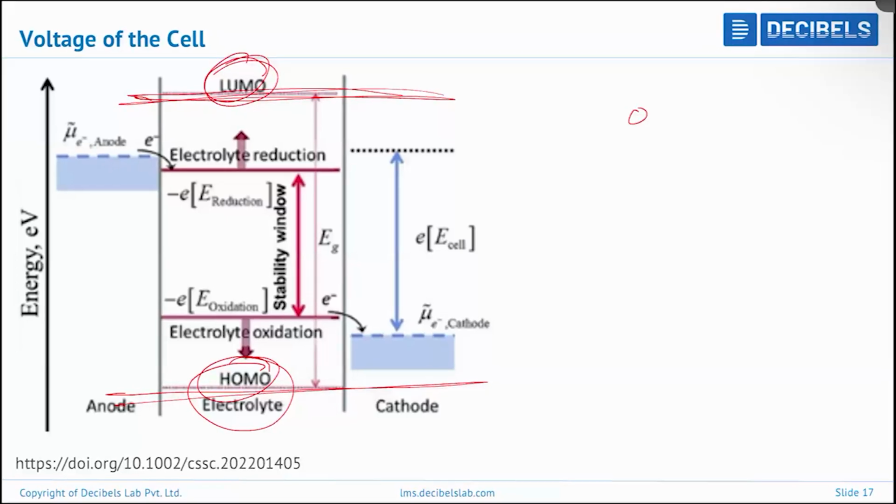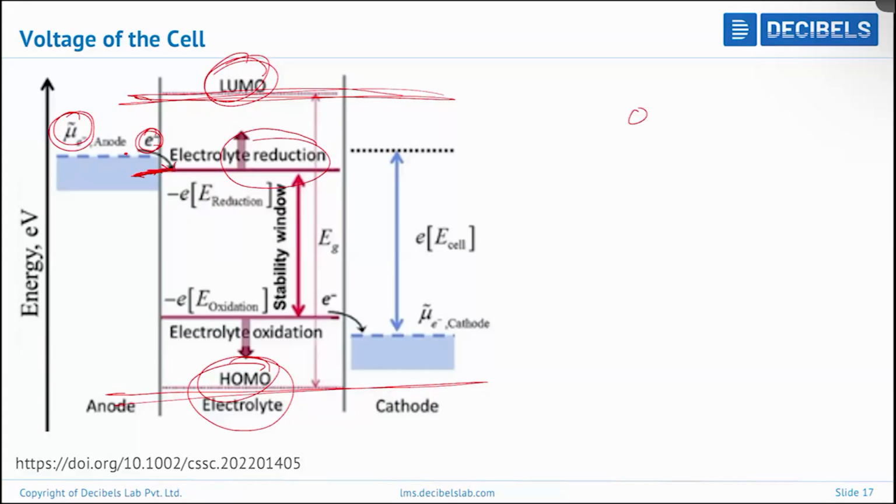Suppose in case you choose the electrolyte where the LUMO is below this anode energy level, then what happens? The electron present in the anode can directly react with the electrolyte, and it undergoes an electrolytic reduction reaction. Means the lithium is directly reacting with the electrolyte.